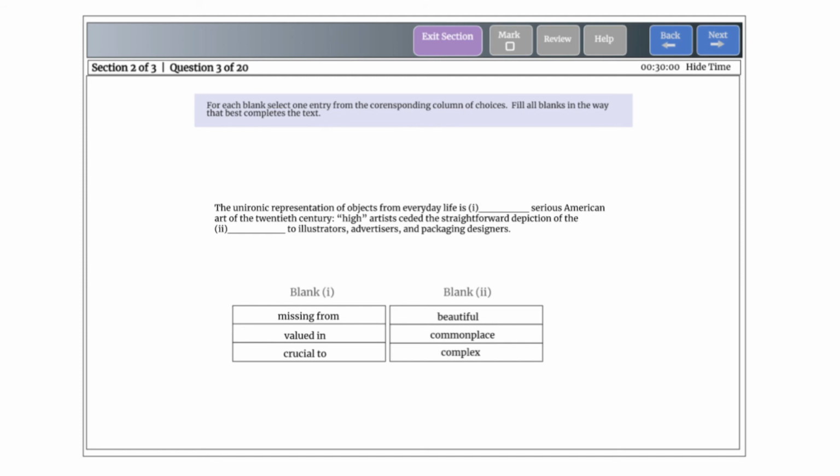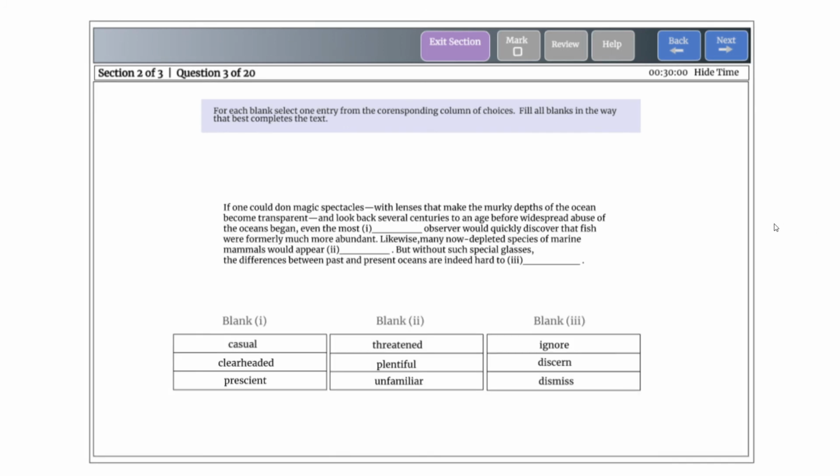And so you go to the answers and you see missing from, valued in, crucial to. The problem with that is that valued in and crucial to read almost the same, right? If something is valued in or if it's crucial to, you're basically saying it's important, right? And so from that standpoint, you might feel okay just eliminating both of them because they both do roughly the same thing. There's no reason to pick one over the other.